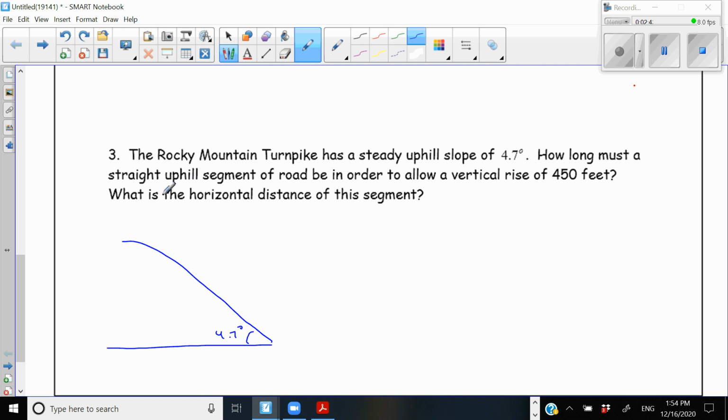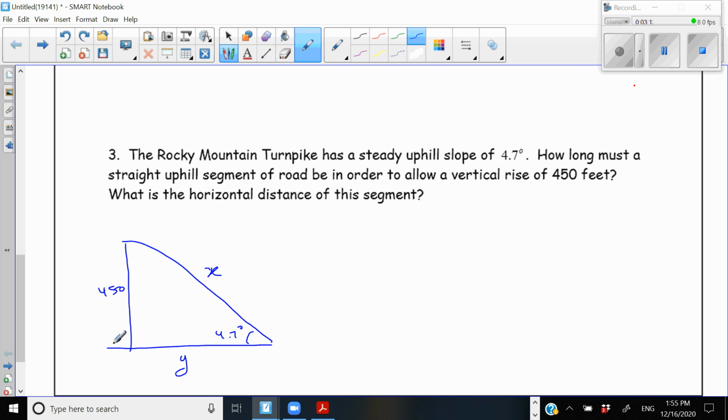How long must a straight uphill segment of road be? That means how long must this side be? This is my x. In order to allow a vertical rise of 450, that means this vertical line over here should be 450 feet. And next it's asking what is the horizontal distance, meaning this side, let's call that y. So first we'll find x, then we're going to find y.